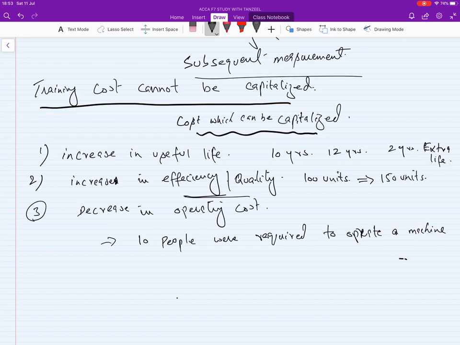But because of this expense, now you just need 2 people, because you put some automatic part in it, so it starts working automatically. Instead of 10 people, now only 2 people are required to operate the machine. It means you have saved 8 people's salary. The decrease in operating cost is an economic benefit, so this expense you can capitalize.